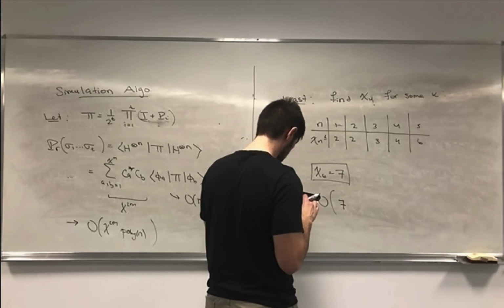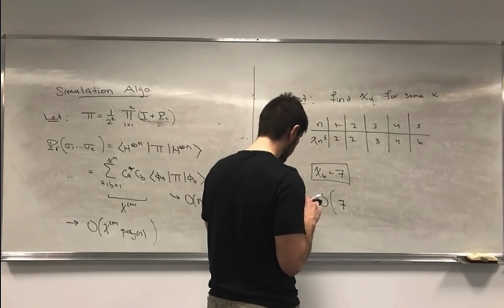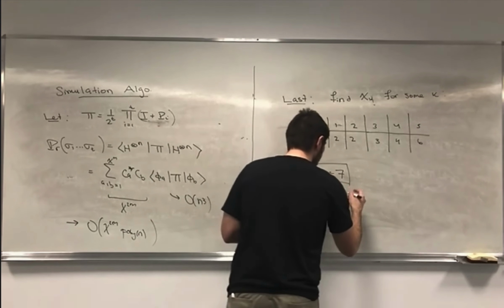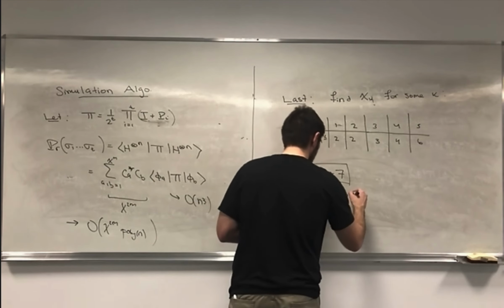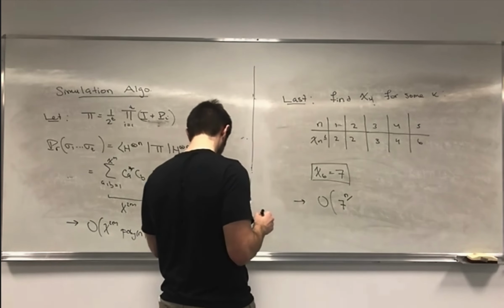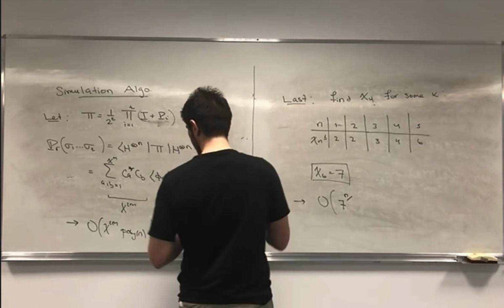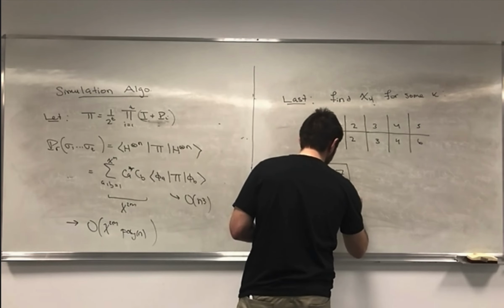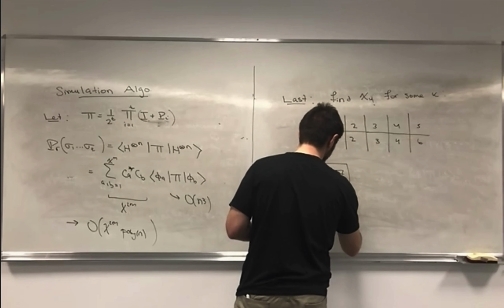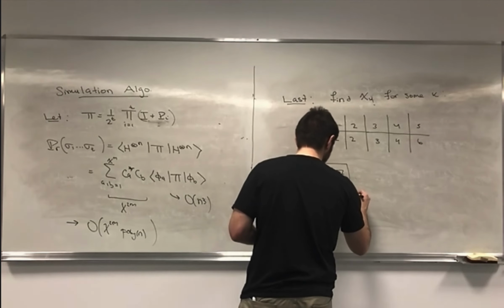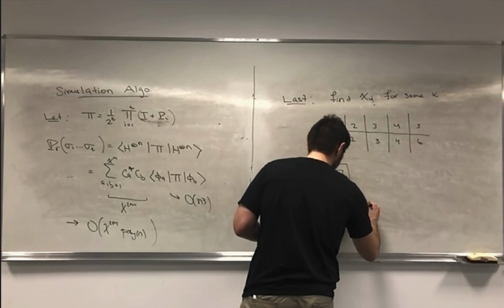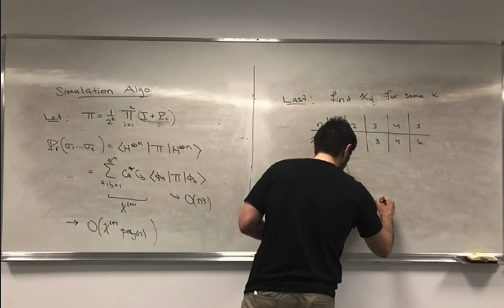What is m? m is n over k, and in this case, k is 6, times poly n.